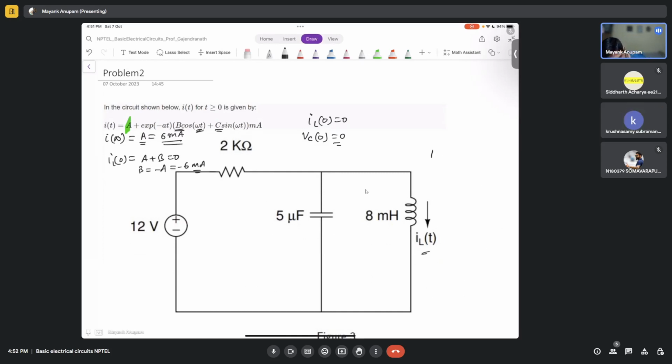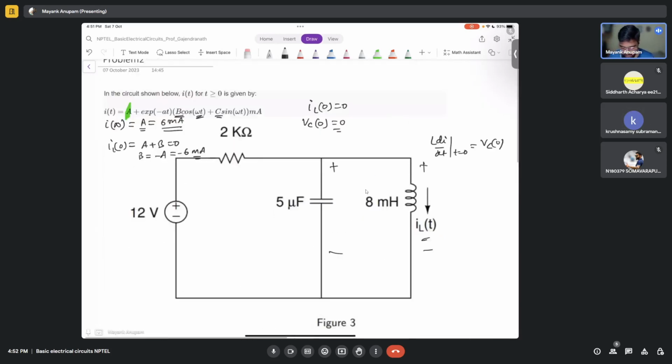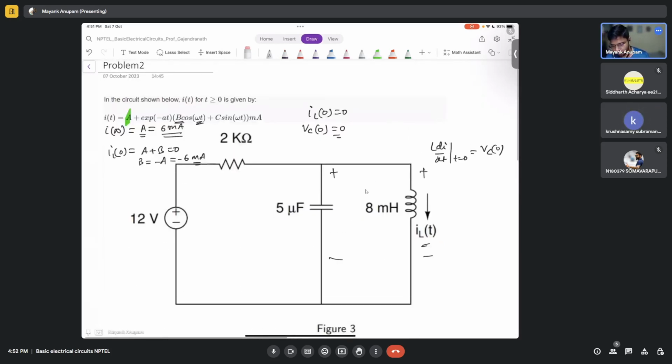So you simply write L di by dt here, which is the voltage across this, and that has to be equal to this, right? Parallel voltage is the same. So the voltage L di by dt is equal to Vc. At t equal to 0 it has to be equal to Vc of 0. When you do that, you will find another constraint. From there, we can find out the value of C. Yes, sir, understood.